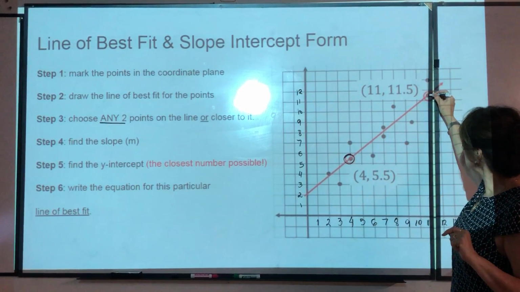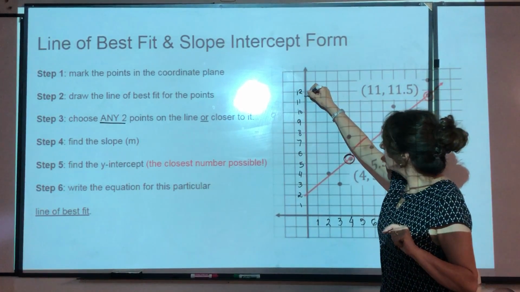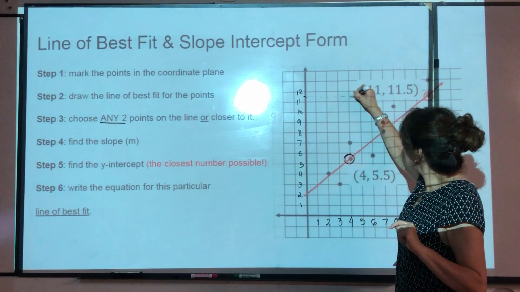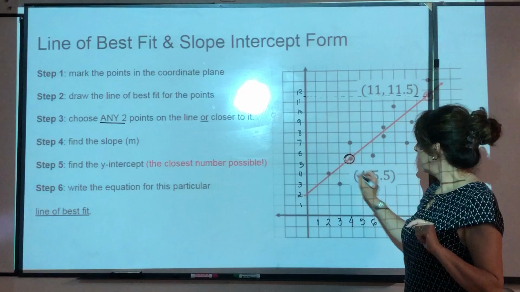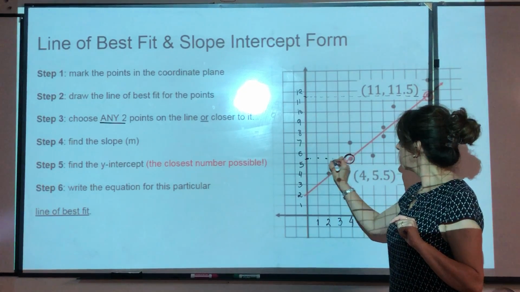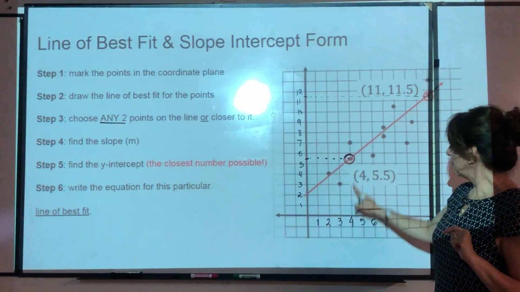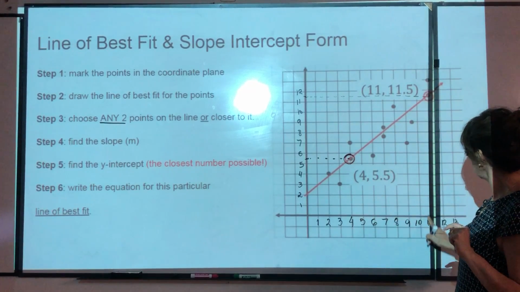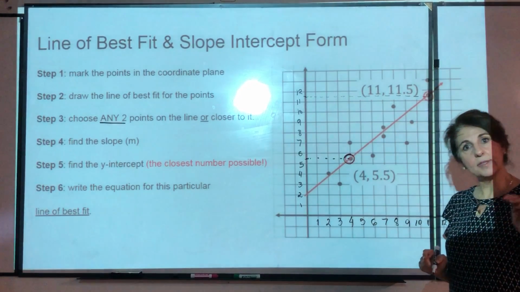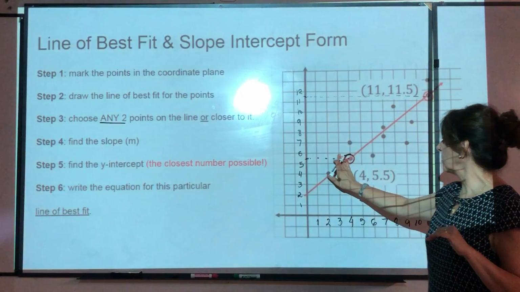Okay, so this one here is 11 and a half, right here. See? And this one here is what? 5 and a half, right here. And 4 and 11, right here. So this is the point that we're working with.